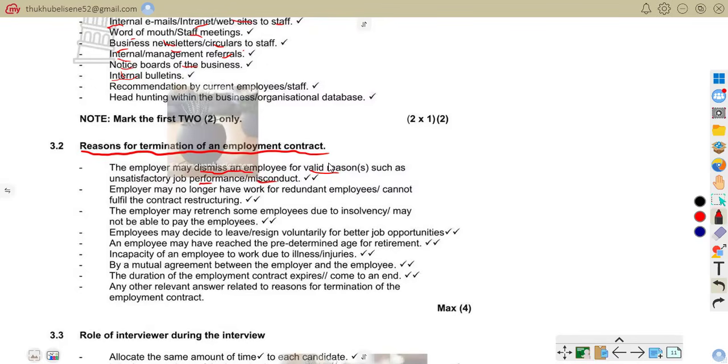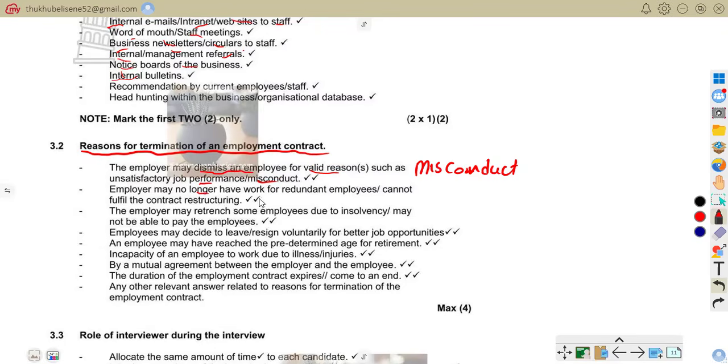So we are talking about misconduct. Misconduct can be a reason for the termination of the employment contract. For example, theft at work is misconduct, and then your contract can be terminated for that.